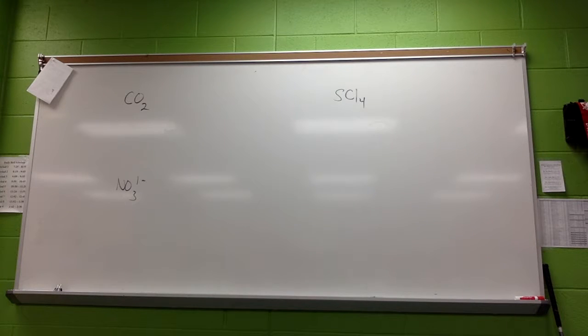What is the bond order for nitrate? My bad, I forgot where you guys are. NO3, 1 negative. Is the angle for nitrogen for the ammonia 107 because nitrogen is 7 on the periodic table? Yes, yes.